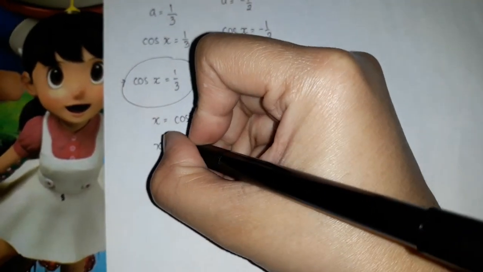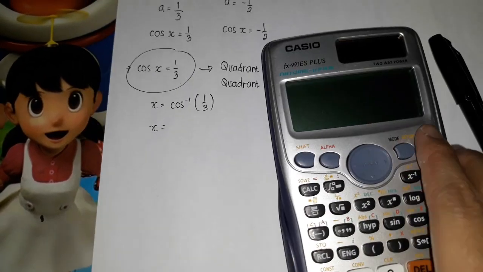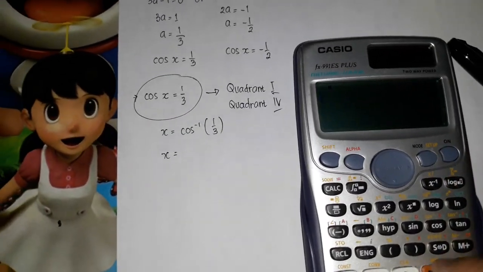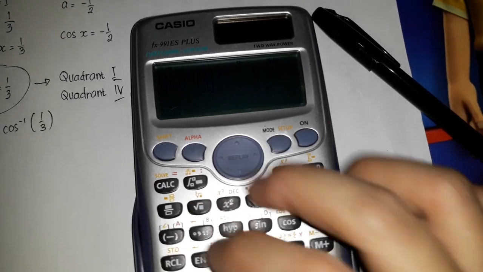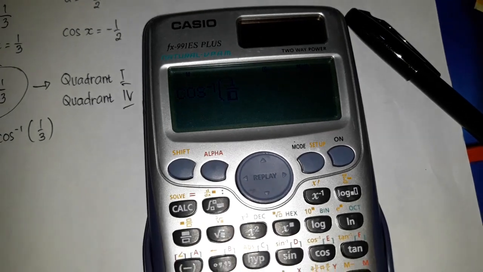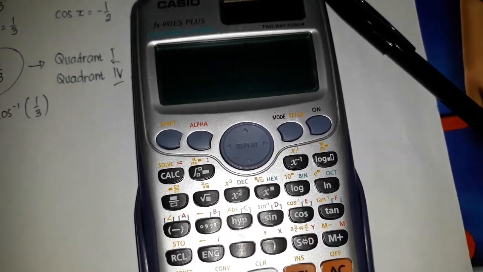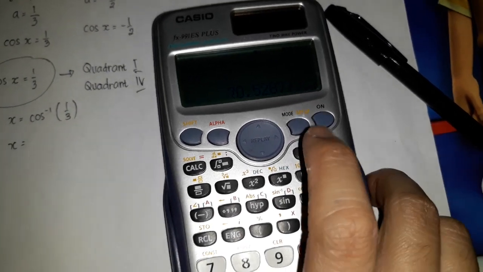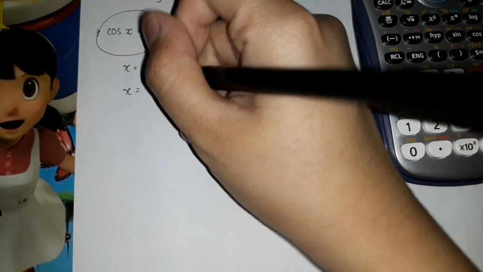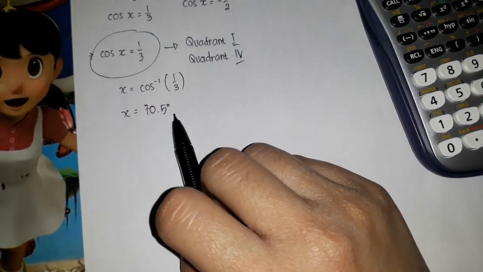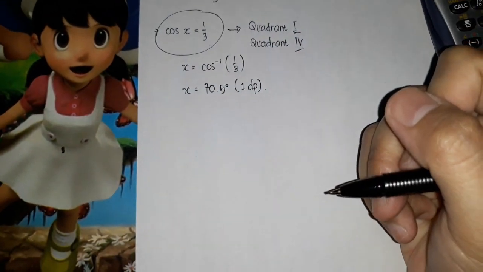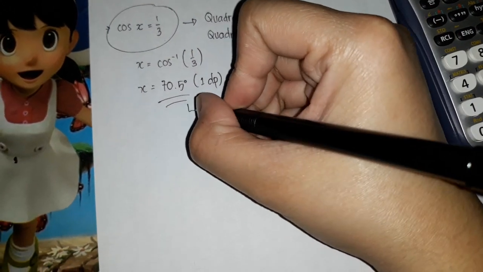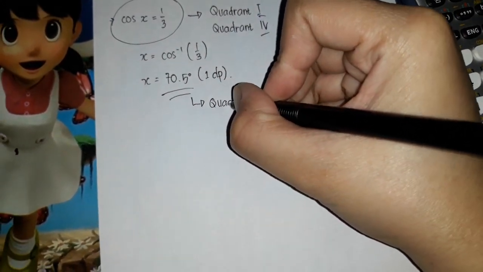We can use a calculator. One over 3. Okay, 70.5. I'll write it here: 70.5 degrees. It is not an exact value, it has been rounded off to 1 decimal place. 70.5 degrees is in quadrant 1.